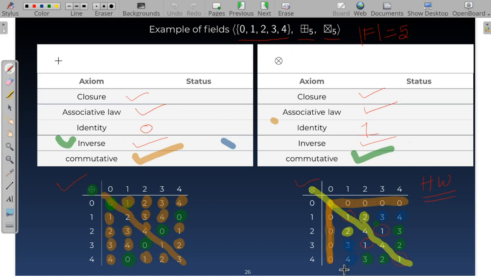These are the kind of fields that we are actually interested in, finite fields. These are also called Galois fields, in honor of Évariste Galois, and we will discuss them in the next lecture.